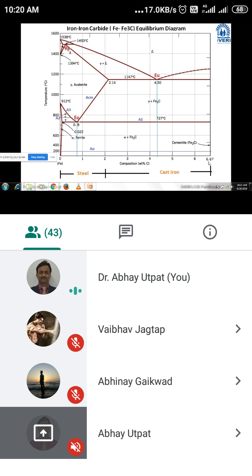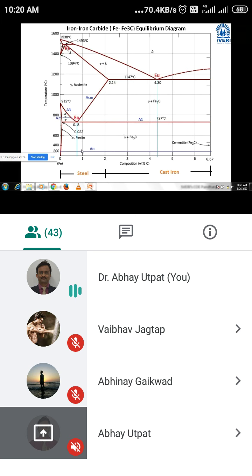Second, temperatures on the diagram. And third, transformations or reactions on the diagram. Now, a little skill is required to draw the diagram. I will give a demo of how to start. Before that, let me explain what three parameters I told.